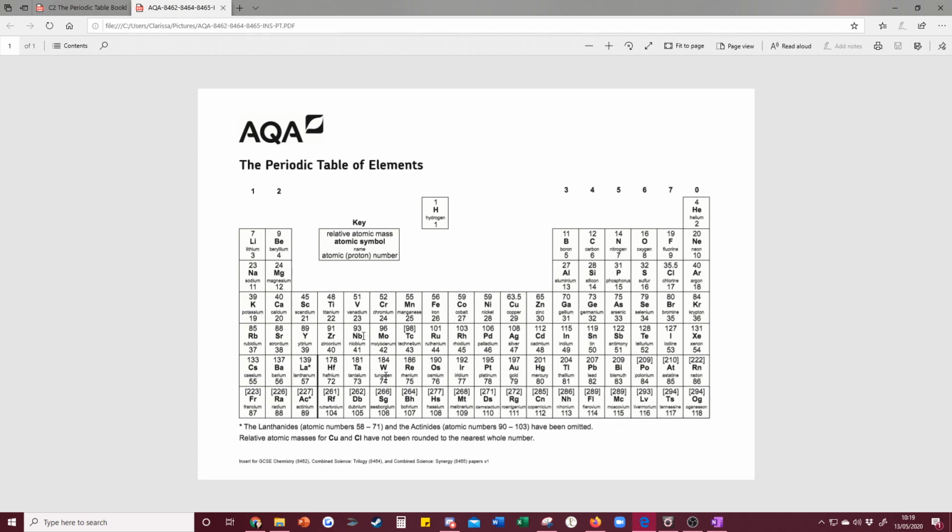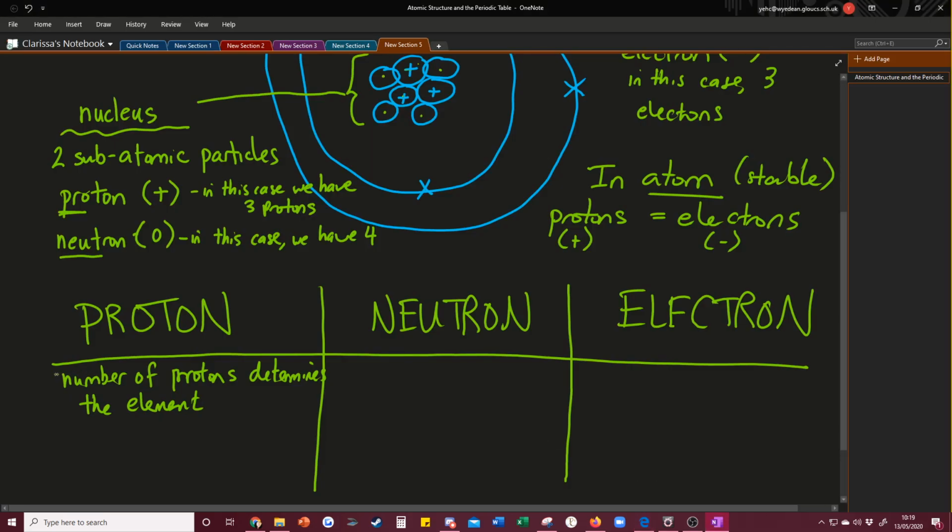We have done that many, many times. Many of our elements near the bottom of the periodic table were built only in a lab. So the proton number basically is a big deal. It determines what element it's going to be.